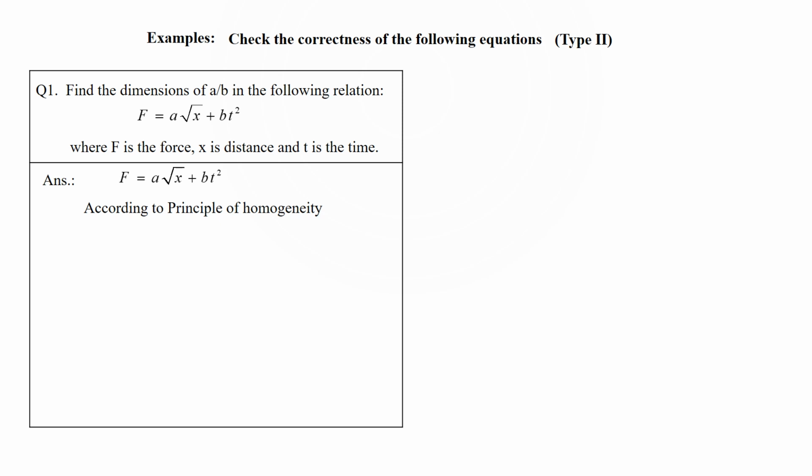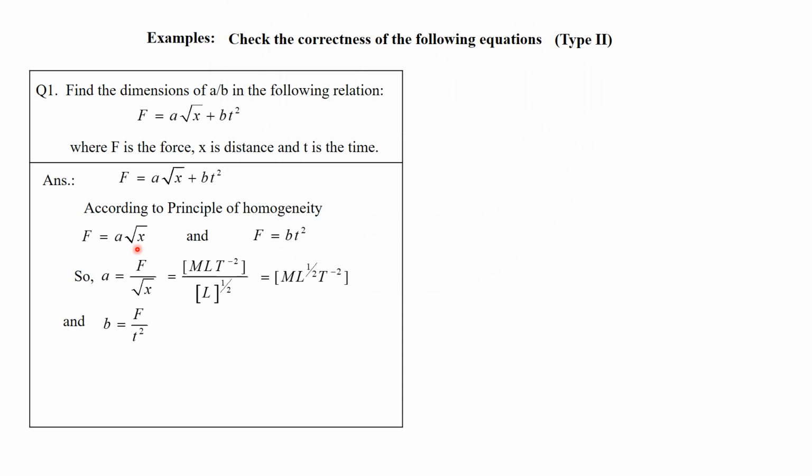According to the principle of homogeneity, F will be equal to A under root x, and F is also equal to B t square. So A is equal to F by under root x. Let's put the dimensions of F, which is MLT^-2. x is L and it's under root, that's a 1 by 2. On solving, we get ML^(1/2)T^-2.